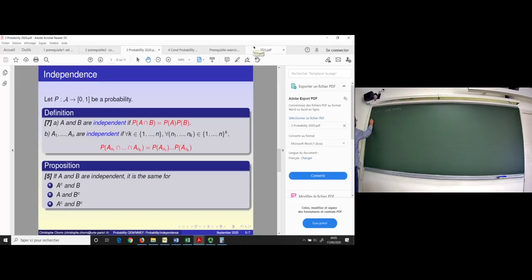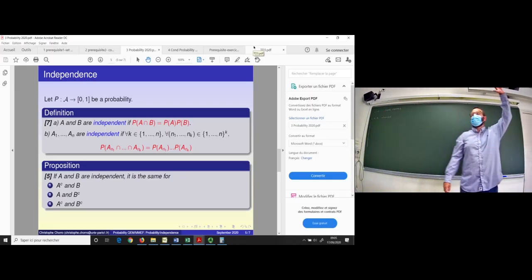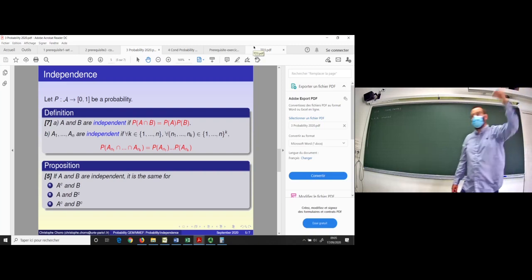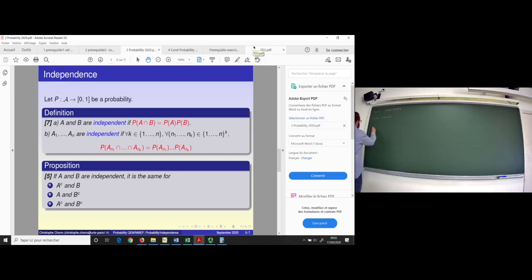So I remind this: when you have 3 sets, we say that the 3 sets are independent if we have several conditions. Independence for 3 sets doesn't just mean they are independent 2 by 2; it is something stronger than this. So we have the independence 2 by 2, that is P of A1 intersected with A2 has to be equal to the product of the probabilities.